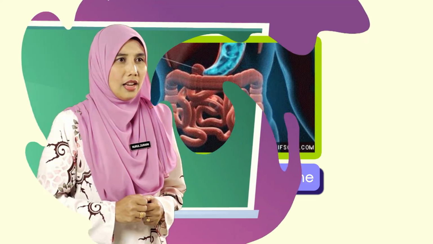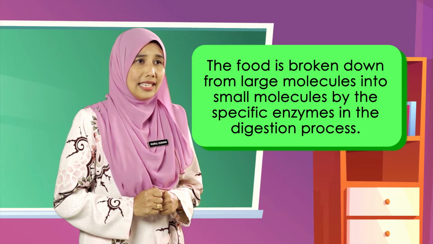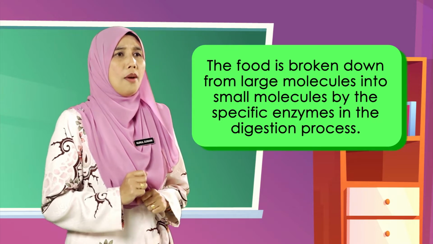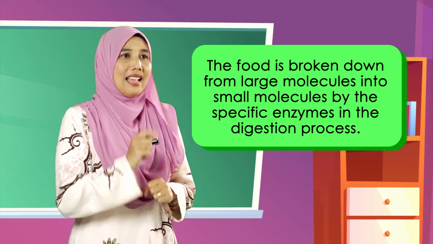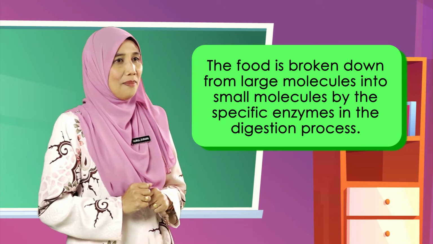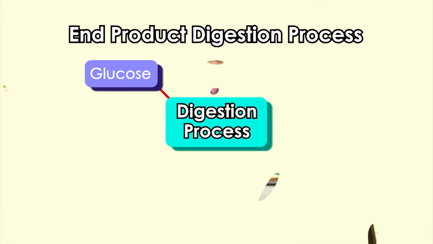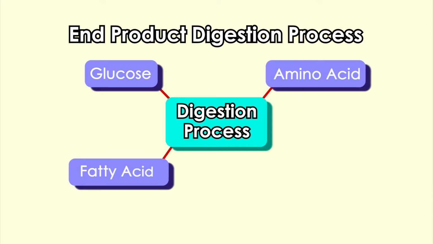Boys and girls, you have already learnt in a previous lesson that the food you eat is broken down from large molecules into small molecules by the specific enzymes in the digestion process. The end products of the digestion process are glucose, amino acid, and lastly, fatty acids and glycerol.